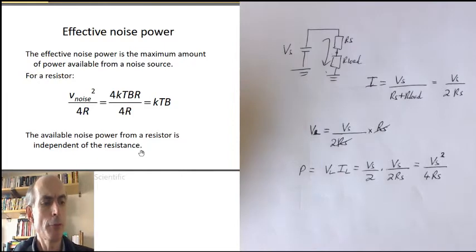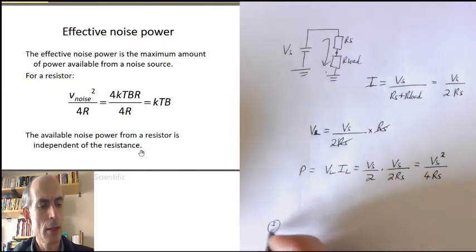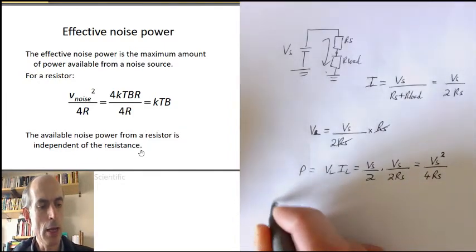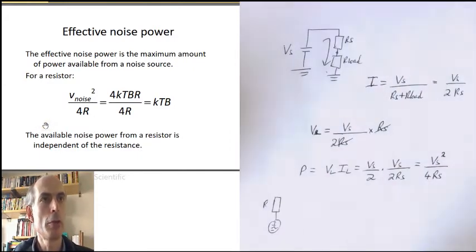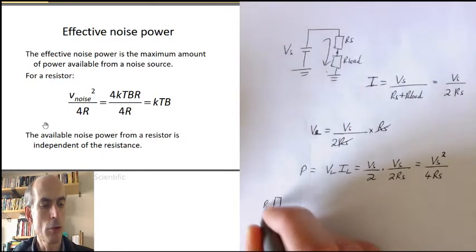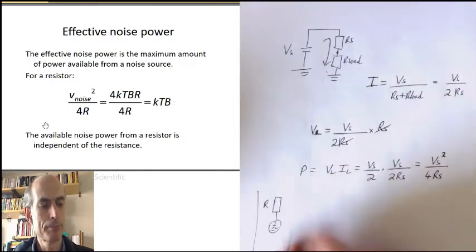Now, a voltage source in series with a resistance is exactly the model that we've been using as the noise model of a resistor.